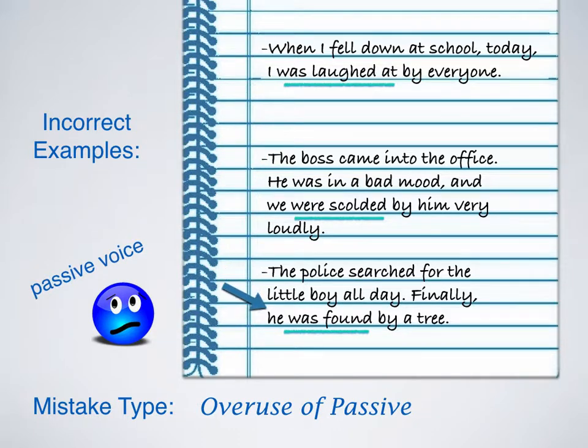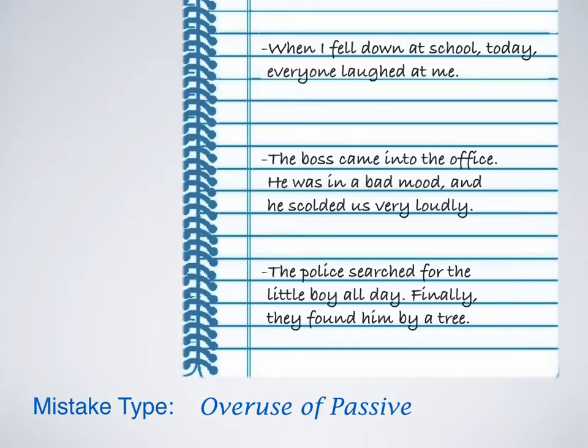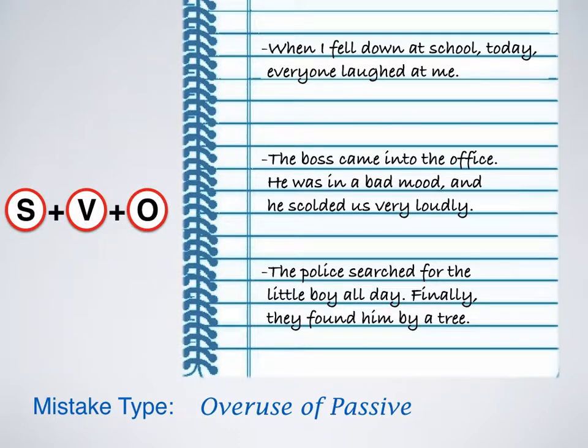This one may not be bad, but next we will see that it can have a strange meaning. In these cases, it's easier to read if we use the standard subject-verb-object pattern. Everyone laughed at me, sounds smoother and is shorter than I was laughed at by everyone.